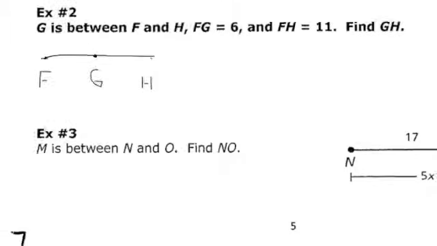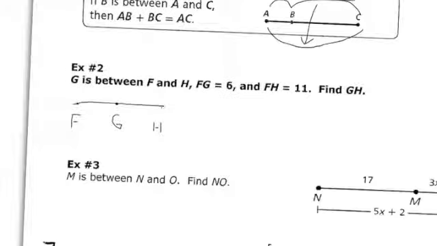If we look at our postulate up here, it says if B is between A and C, then AB plus BC equals AC. So let's write out an equation. We want to find GH, but we need a couple of the pieces.